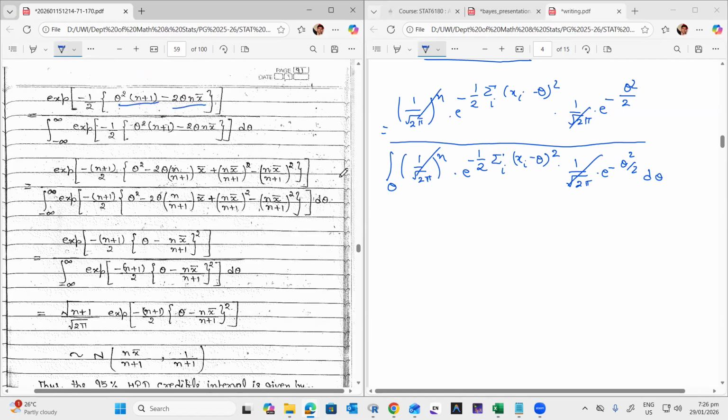Now here we take n plus 1 common from this expression, so it will become theta square minus 2 theta n divided by n plus 1 x bar. Then we will add and subtract n x bar divided by n plus 1 whole square in this term. Are you getting this point?